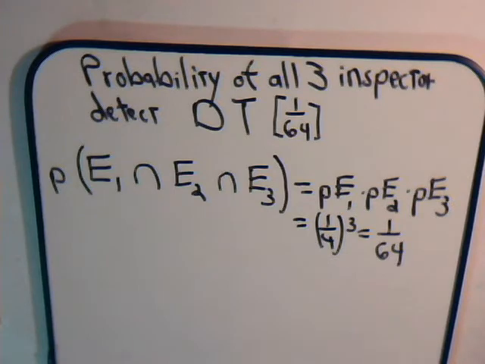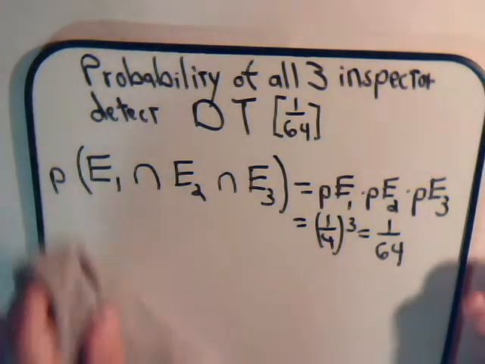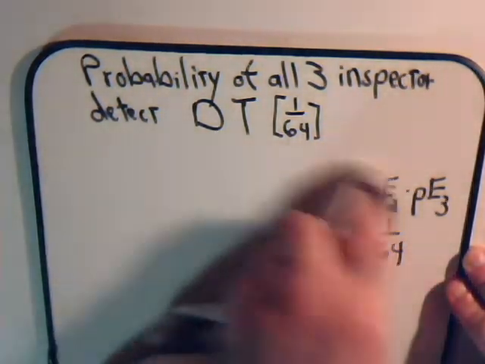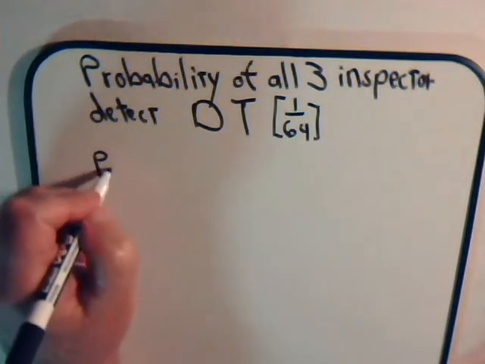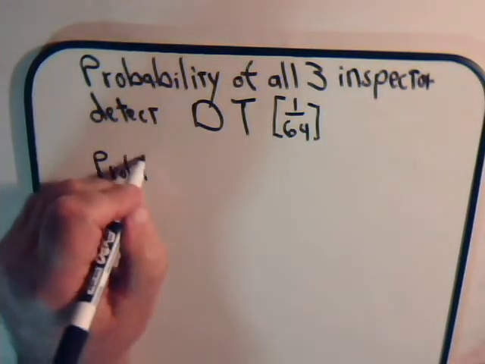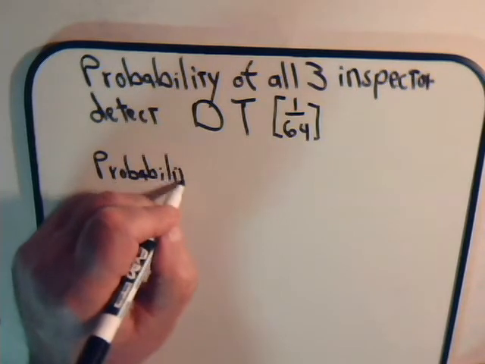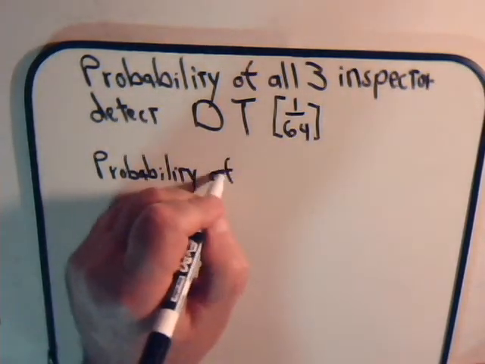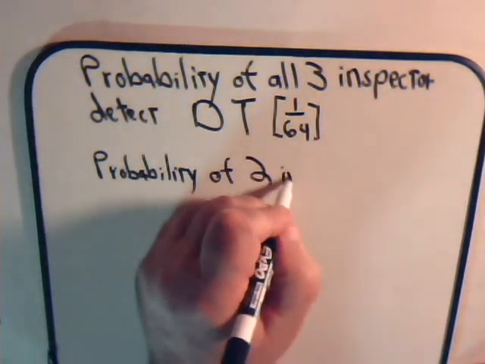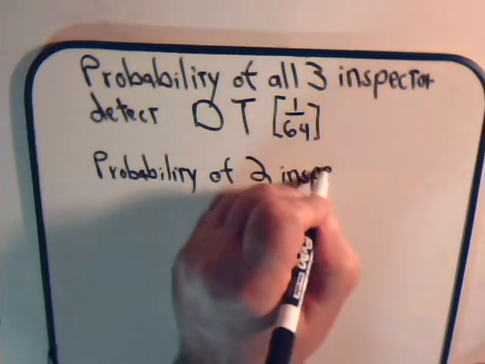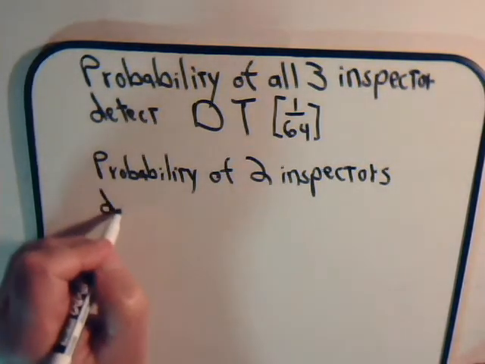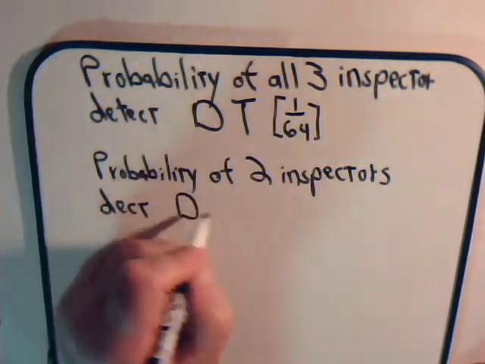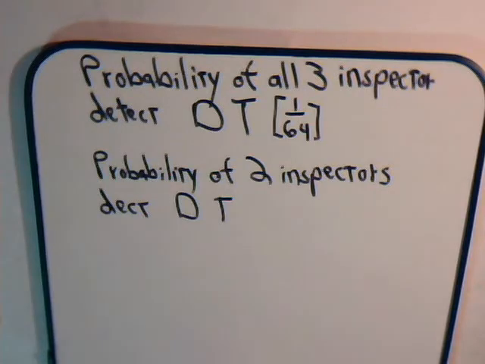Okay, now we have two more possibilities like this. Now we have to consider the probability of 2 inspectors detecting a defective transistor.